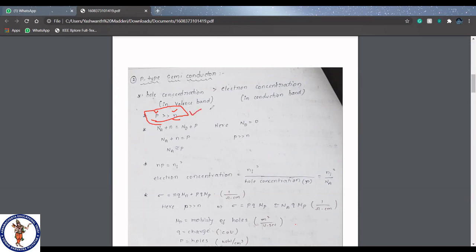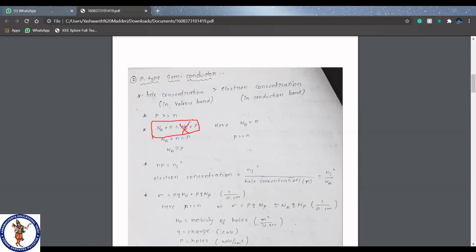Just by considering these two definitions, this simple relationship, we can derive an important formula, the charge density. As we have seen, the positive charge is equal to the negative charge in a semiconductor bar. Na plus N, that means acceptor concentration plus electron concentration, is equal to donor concentration plus hole concentration.